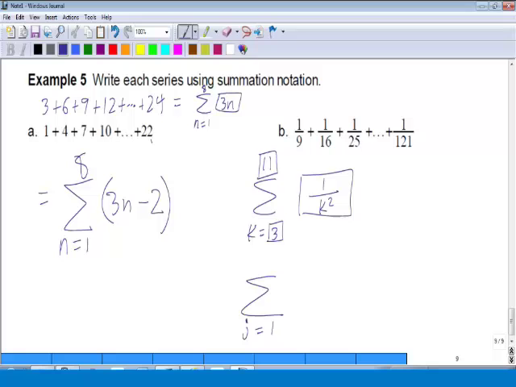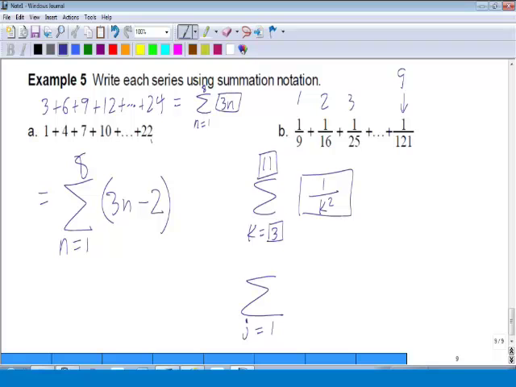Well, if we counted these and say this is the first term, second term, third term, which term is this? Well, it's off by 2, but I think it's off by 2 in the other direction. I want to say it's the 9th term. Is it the 9th term? I think the 9th term of this series is 1/121.